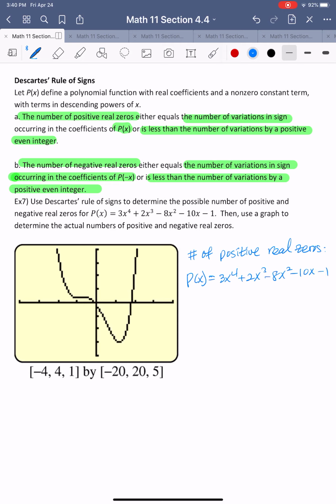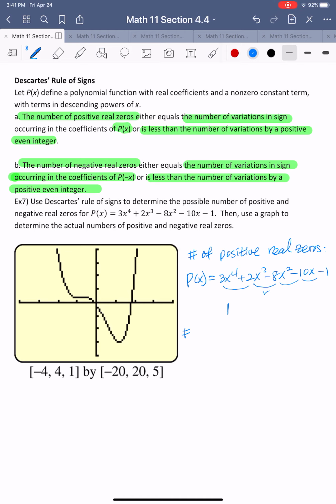We check each term in turn, and we only count where the sign varies. So first and second is not changing, but second and third is changing, right? So this is a check, and this is not changing, and this is not changing. So the number of positive zeros will be just 1.